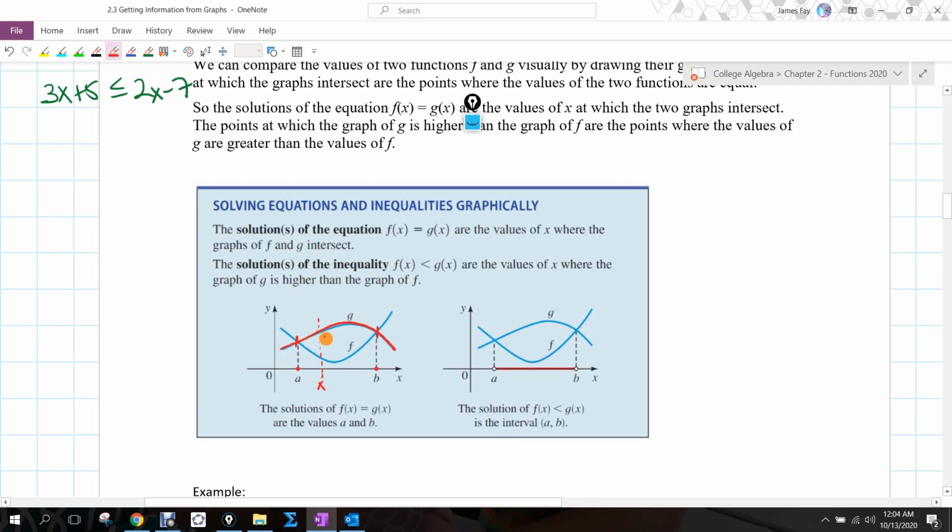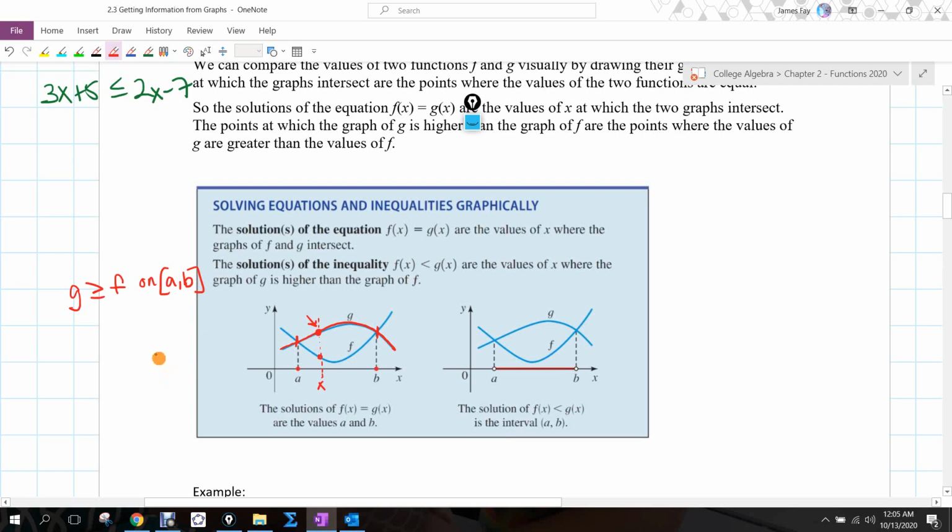If I choose a point right here on g, is it bigger than a point off of f? Is the y value bigger? It is. And no matter where between a and b I put that point, it's going to be bigger than the point on f. So g is greater than or equal to f on the interval a to b.